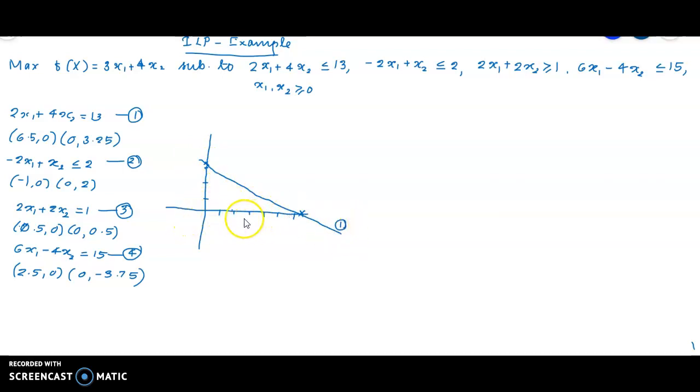Then minus 1, 0, 0, 2 is equation number 2. Then 1 by 2, 0, 0, 1 by 2 will be like this, equation number 3. Then 2.5, 0 and minus 3.75, somewhere here.